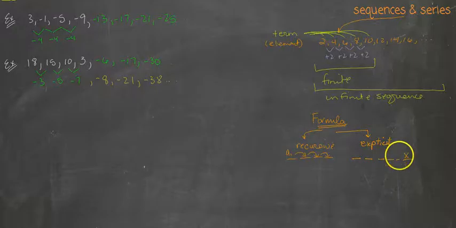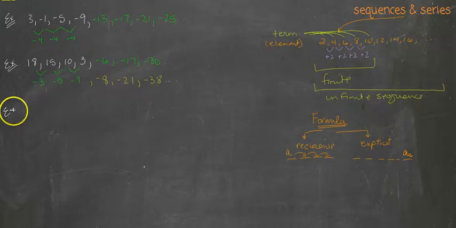So if I want to know a sub 16, the explicit formula would take me right to a sub 16. So you can see that the explicit formula is likely to be the more powerful, which isn't to say recursive isn't important, just explicit can take you anywhere you want to go. So let's look at an example of each.